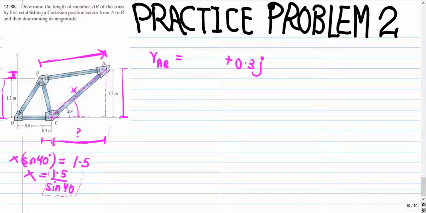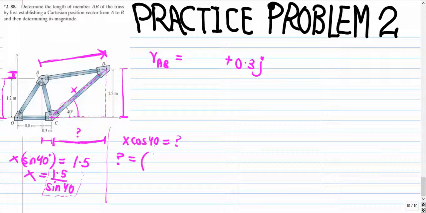Now that we have our hypotenuse, we can simply use the cos identity to find this unknown length, and we can do that by doing x cos of 40 degrees, which should be equal to the unknown length that we are looking for. In other words, the unknown length is equal to x, which is 1.5 divided by sine 40 degrees, multiplied by cos of 40.